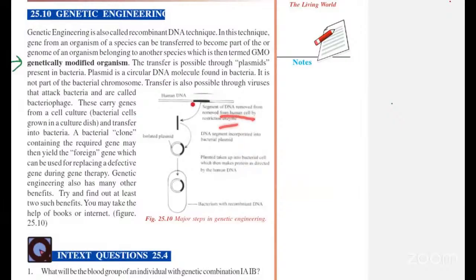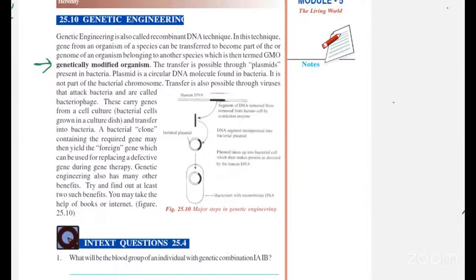So they remove this gene part and install it in the bacterial plasmid. Plasmid is not part of the DNA of a bacteria, and through that they put it inside the bacteria. And the desired gene can then pass to the next possible person or next possible child.